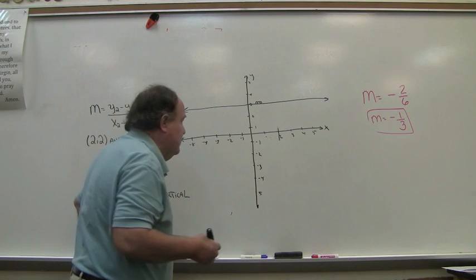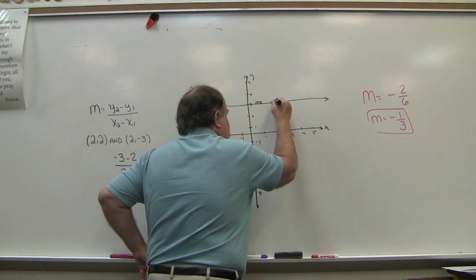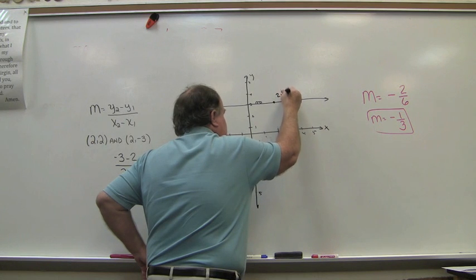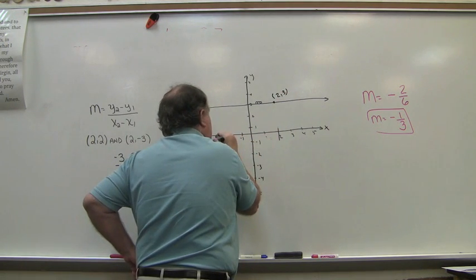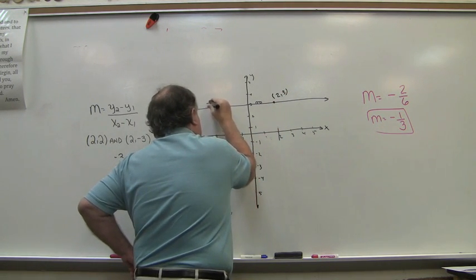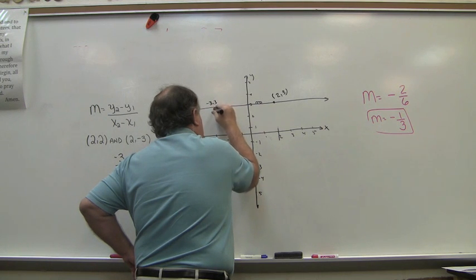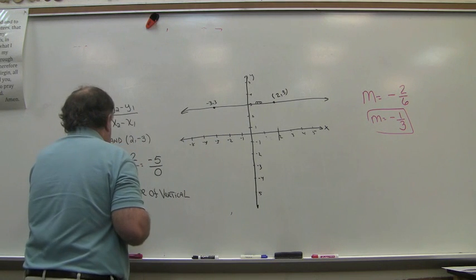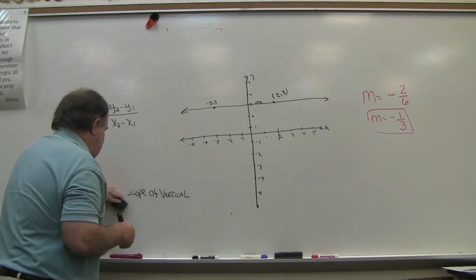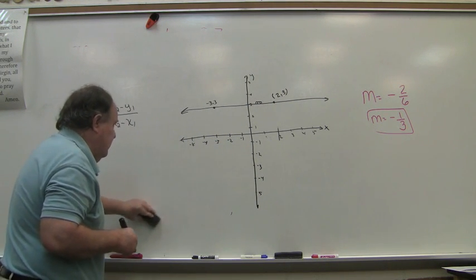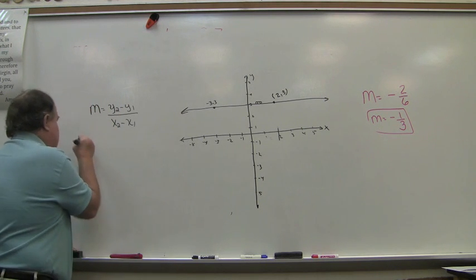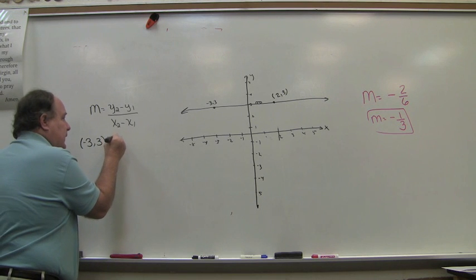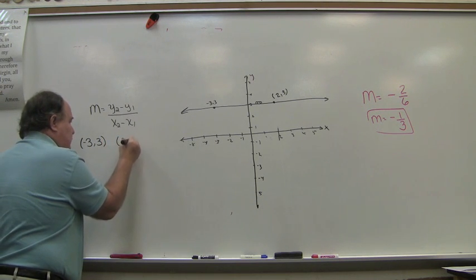We'll do the same thing we did before. We'll take 2 points. I'll take this point, which is 2, 3, and let's pick this point, negative 3, 3, which is right here. We'll come right back over here and use the same exact formula. So I'm going to have negative 3, 3 here, and 2, 3.